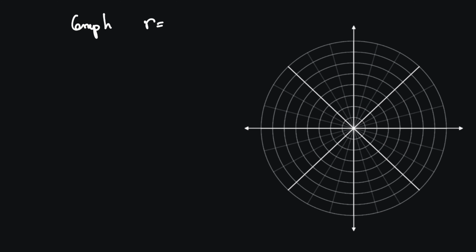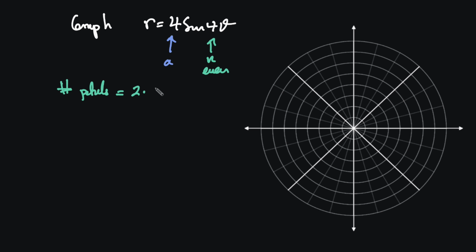All right, so let's graph 4 sine of 4 theta. Okay, again, this is a. This is going to be n, and since it's even, the number of petals or leaves is going to be equal to 2 times n, that is 2 times 4, that is equal to 8. So we're going to have 8 petals, right?